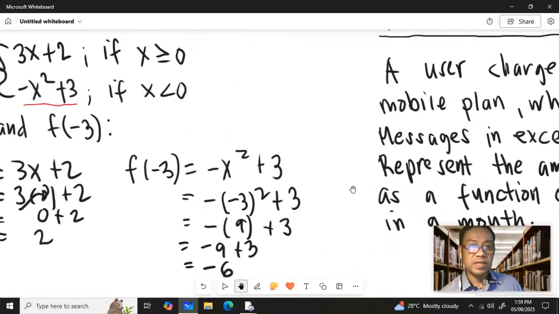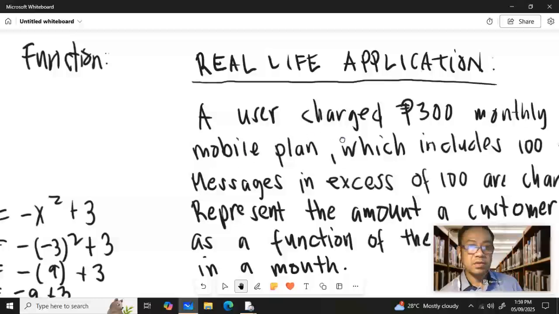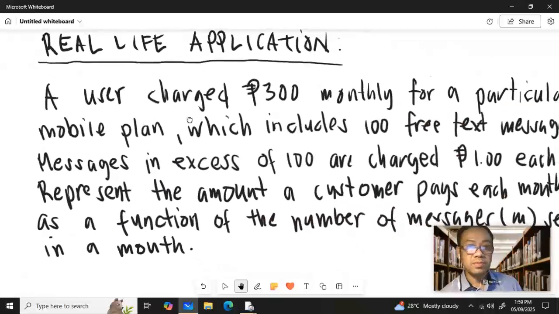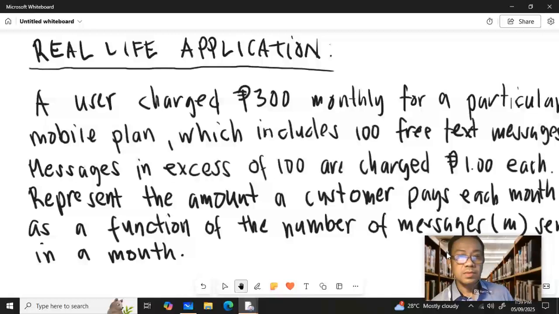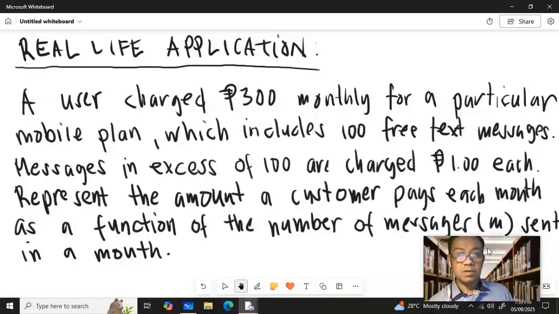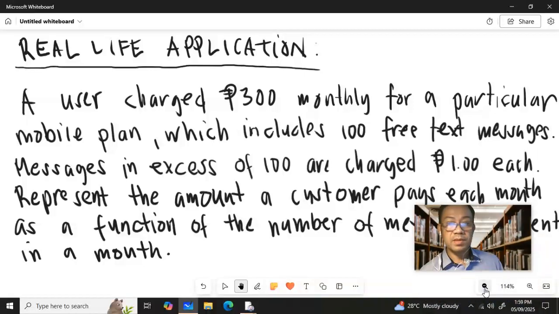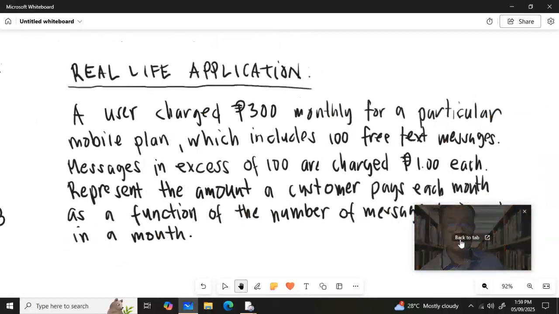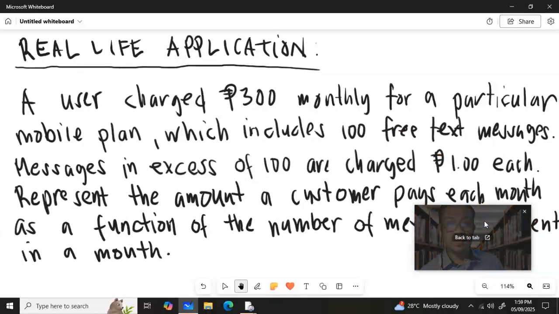Now, for our second example, which is a real life application of functions. Okay, I will read.